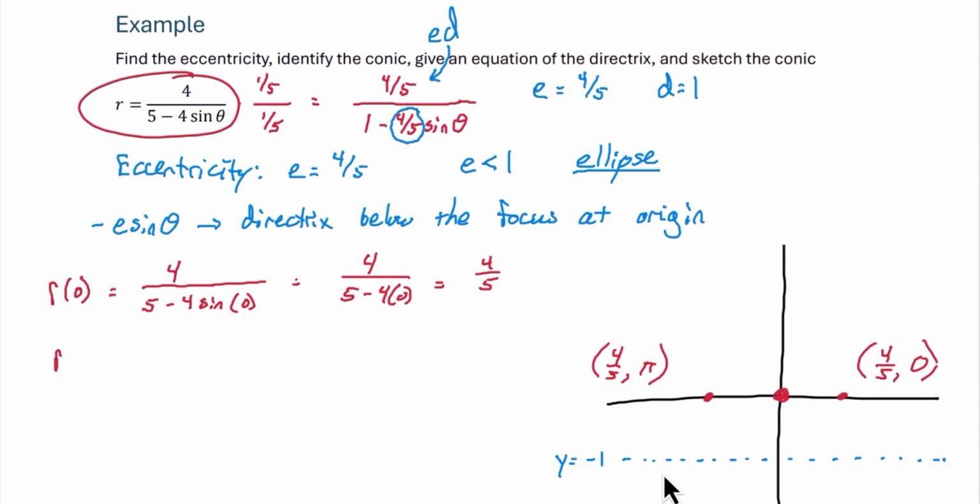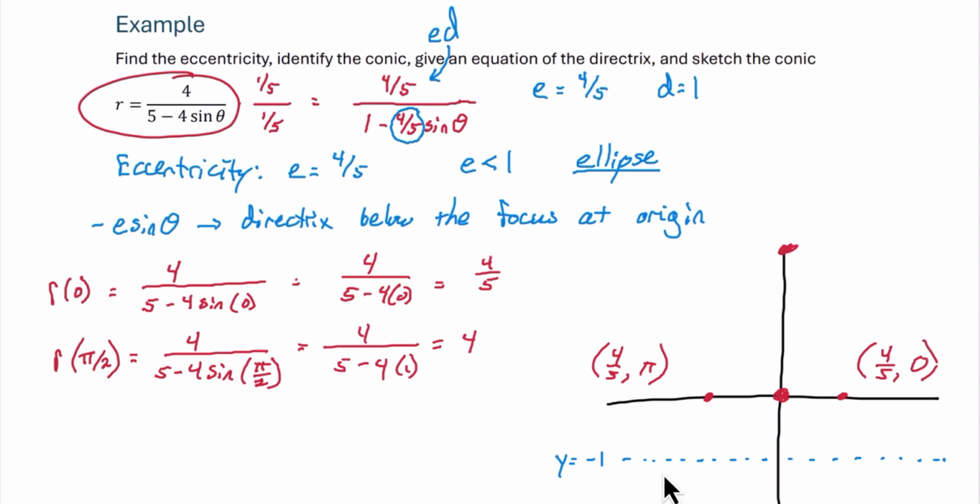Next, let's see what's happening at pi halves. 4 divided by 5 minus 4 sine of pi over 2. Sine of pi halves is 1, so that is 5 minus 4, which is 1. That's just 4. So at pi halves, we are up here, 4, pi halves.